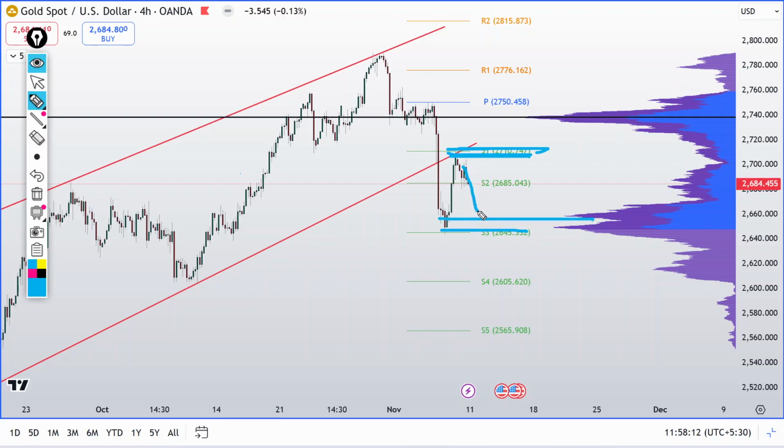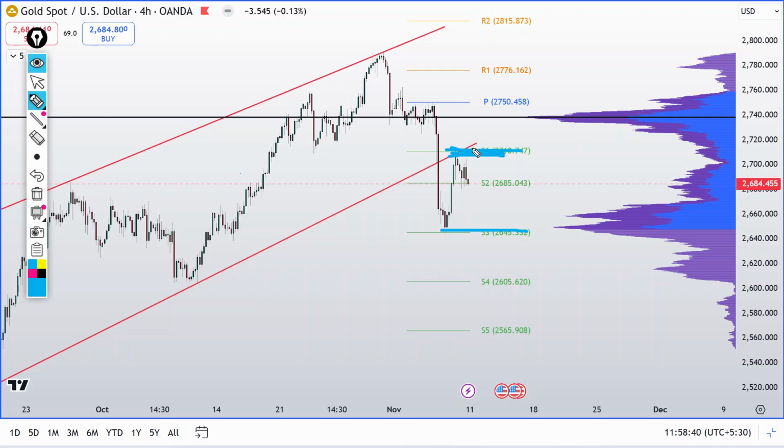So yes, we can expect a decline like this, and if price breaks down from here, further decline is possible. But as you can see, this is a high volume support, so some pullback is also possible, but overall the view on the 4-hour is currently to the downside from the closing price till this area, which is a resistance.